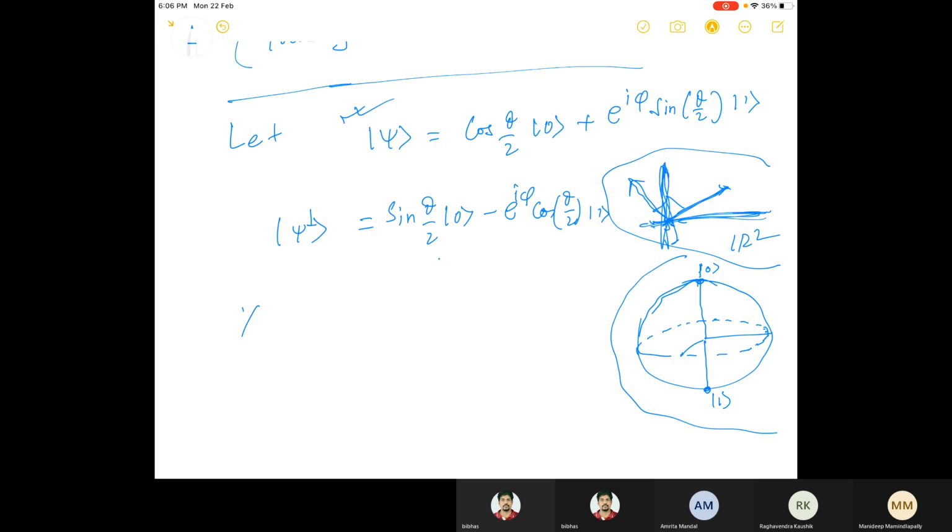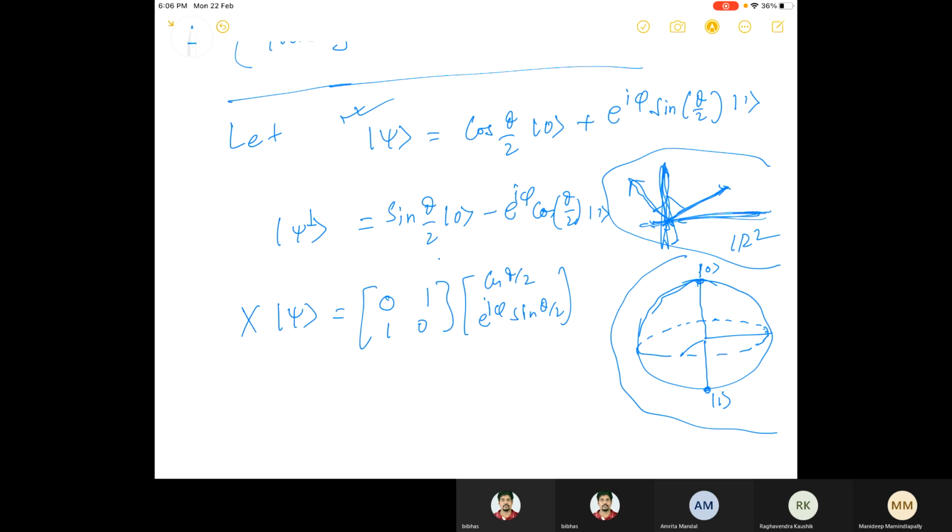Now we apply the NOT gate on this psi. That means you just have to do a vector-matrix multiplication with this permutation matrix. The vector representation of psi is cos theta by 2, e to the power i phi sine theta by 2.